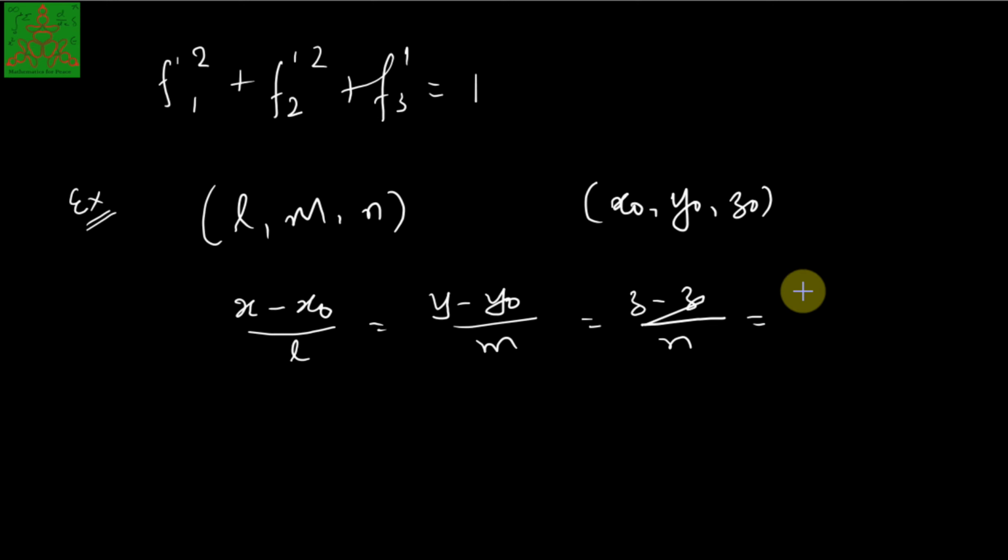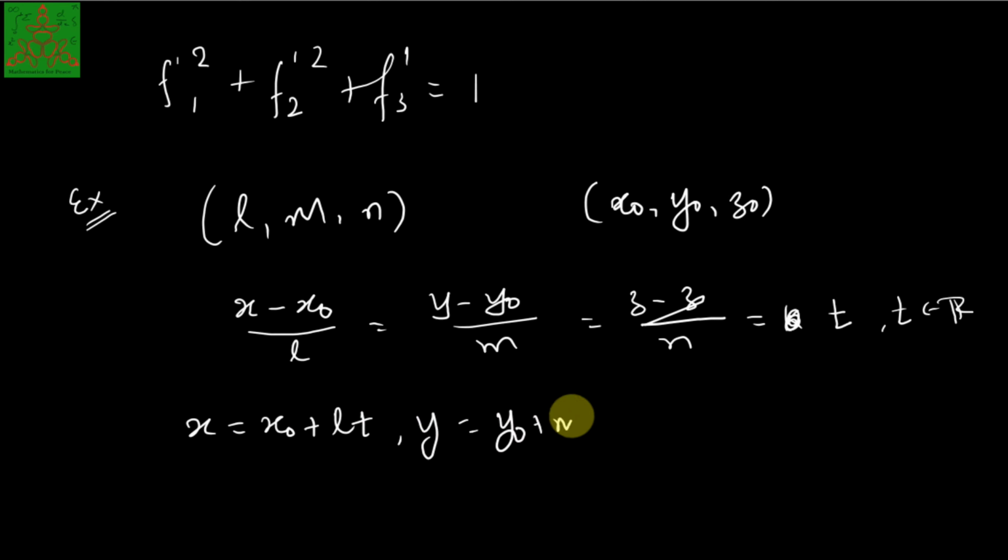If I call this common value some parameter k, or as per the previous notation t, where t belongs to R, then in parametric form x is equal to x0 plus lt, y is equal to y0 plus mt, and z is equal to z0 plus nt, where t is any real number you can take. So this is a parametric equation of a straight line.